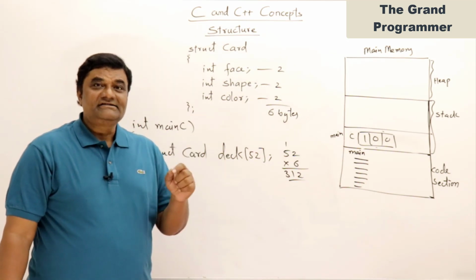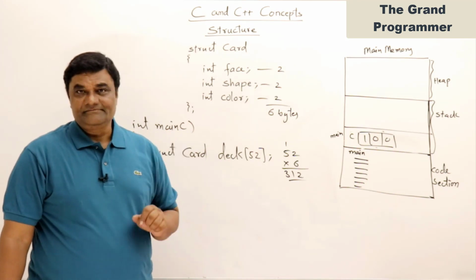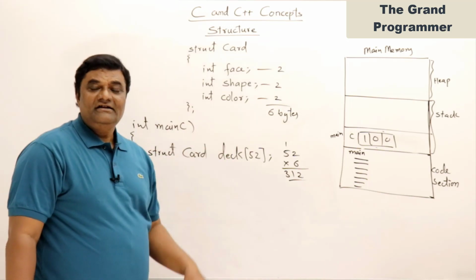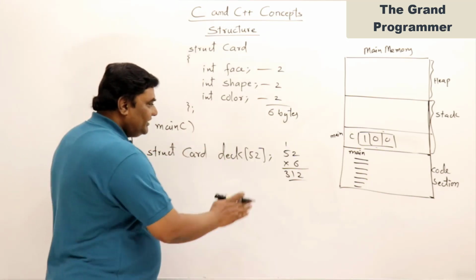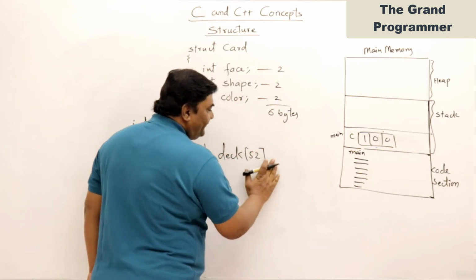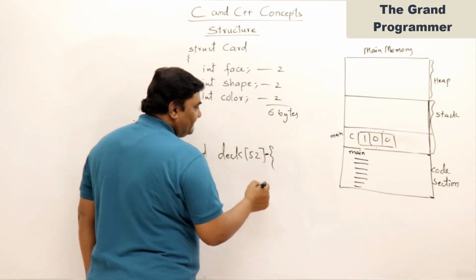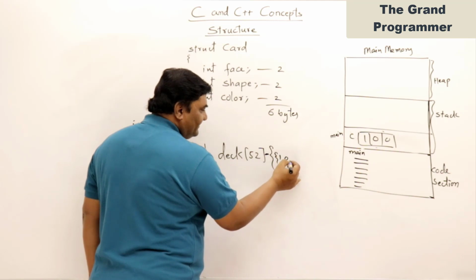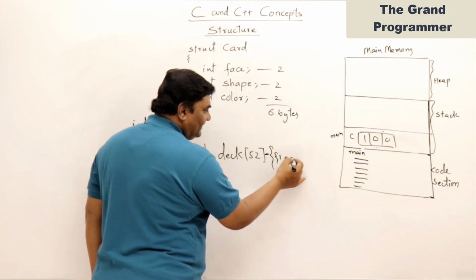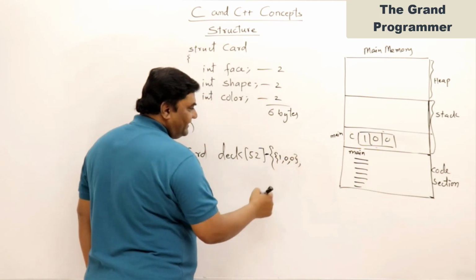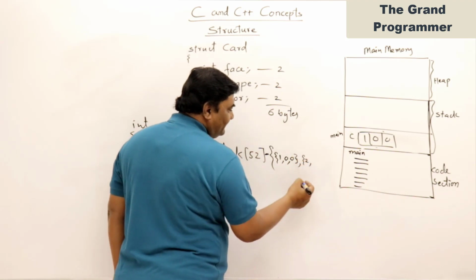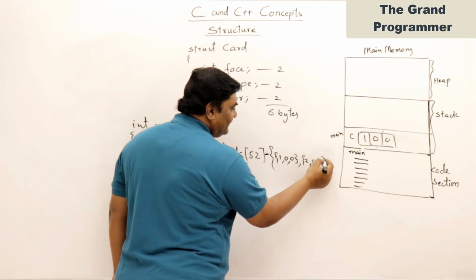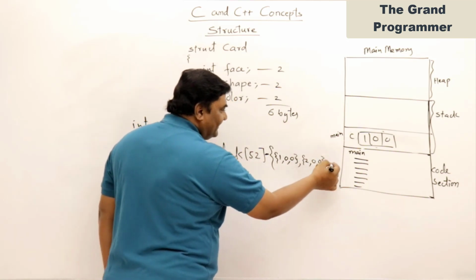Now each card I can access with the help of its index. I can even initialize this array of structures. If I want to initialize it, for a few cards, the first card is ace of club or clover and black color. This is the first card. Then second, card 2, face value is 2, and this is club and color is 0. So on, I can fill this.